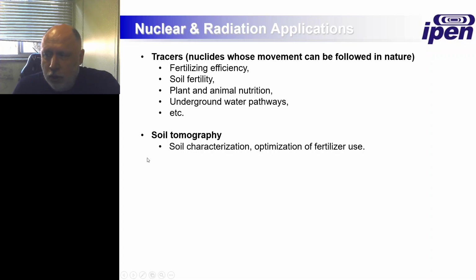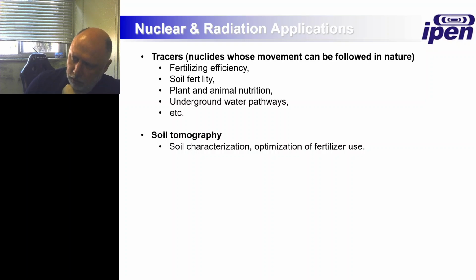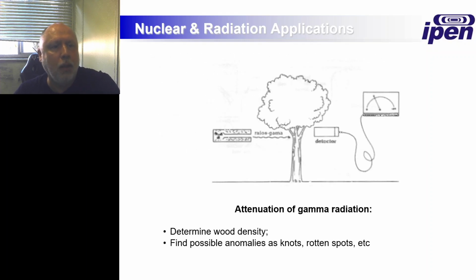You take a chunk, what they call a testimony. You get a chunk of the soil, and you do a tomography to understand, or if you have an underground pathway of some kind where you can put your source, you can do a tomography of the soil. It's essentially an X-ray of the soil to see what is the granulometry of the soil, to understand the physics of the soil, not only the chemistry.